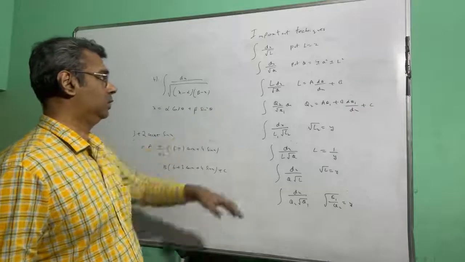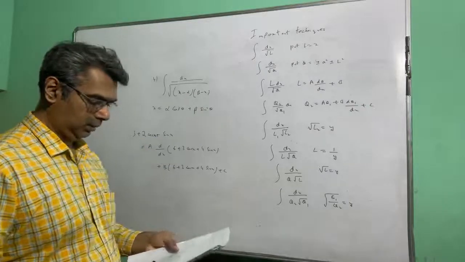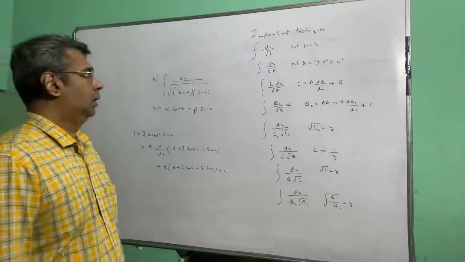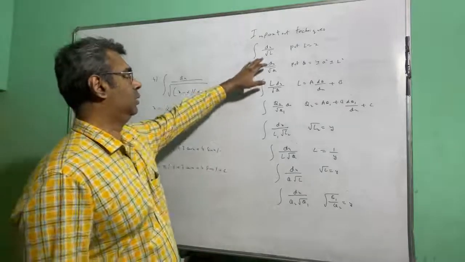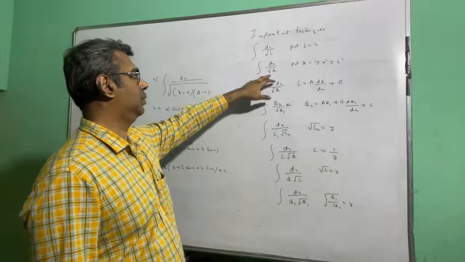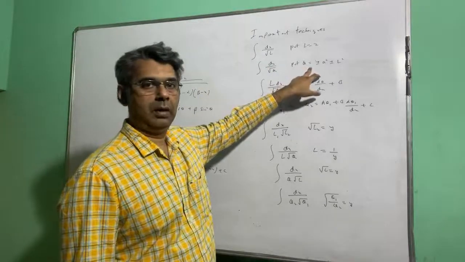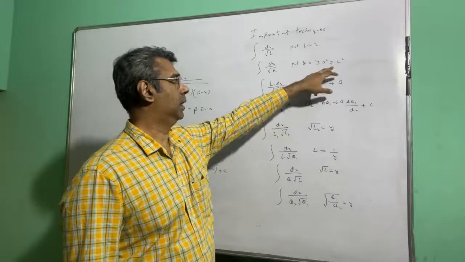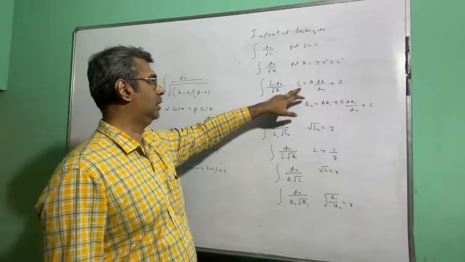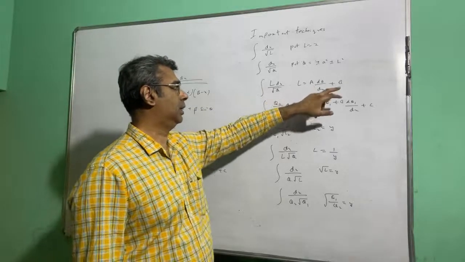So these are some important techniques. So dx by root linear, you put linear equal to y or z. Dx by root quadratic, you put quadratic as plus minus squares, that means completing the square. Linear by root quadratic, linear is a into dq by dx plus b.